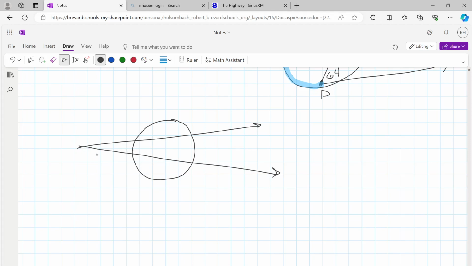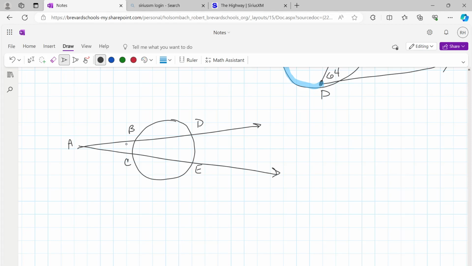They intersect outside the circle at point A. Then we've got points B, C, D, and E. Before we go any further, do you see the arc from D to E and the arc from B to C? Can't you see that DE is bigger than BC? So we're going to refer to DE as the big arc and BC as the little arc.